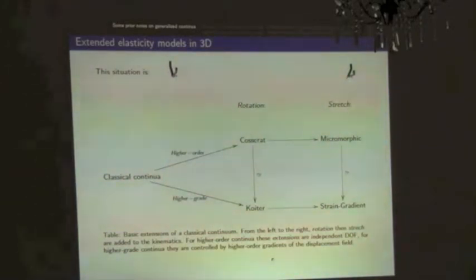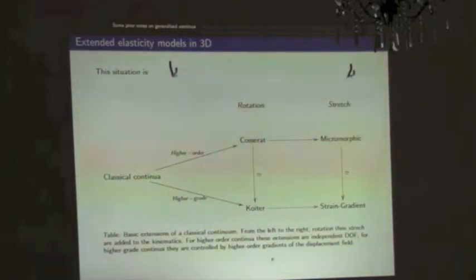And if I make some kinematical constraint on Cosserat, I will obtain something that is not very used, or maybe I'm wrong, but I think it's not the most famous extended continuum. You will obtain a Koiter continuum. So your rotation in Cosserat will be constrained to follow a certain part of the second gradient of your displacement.